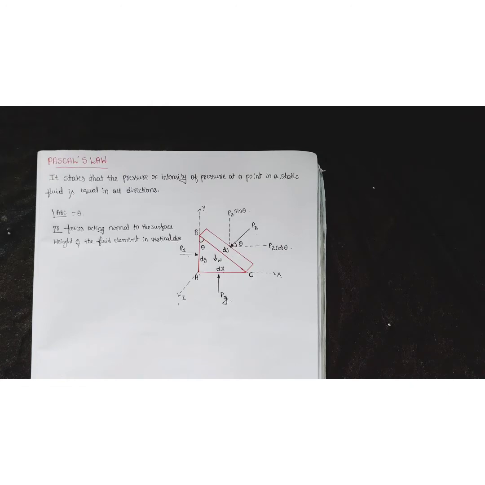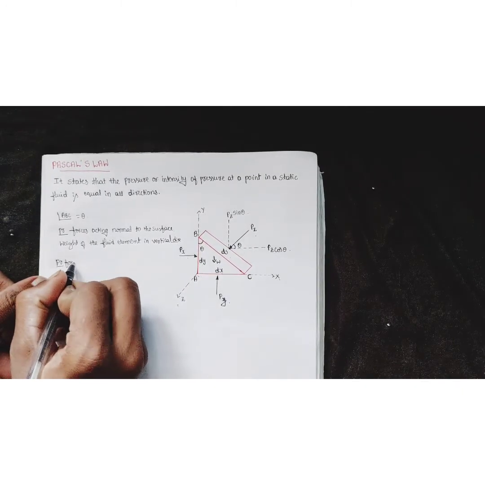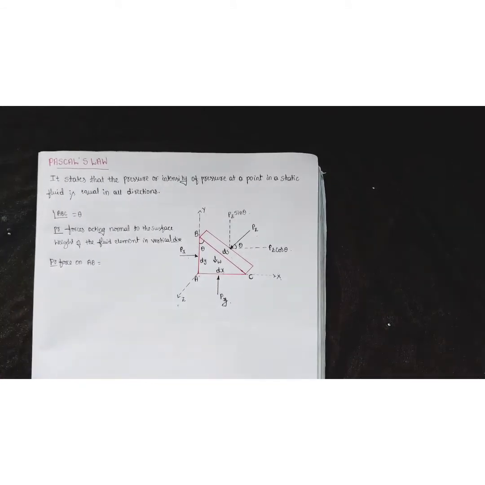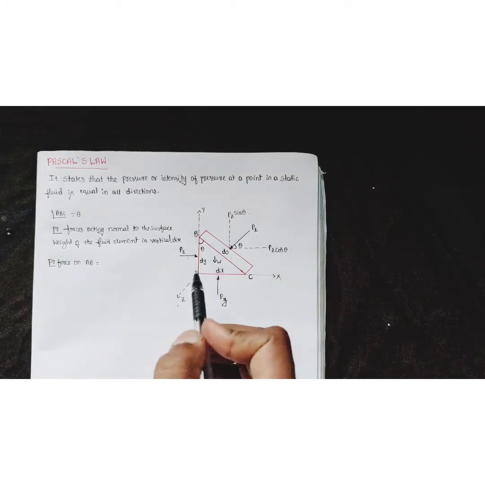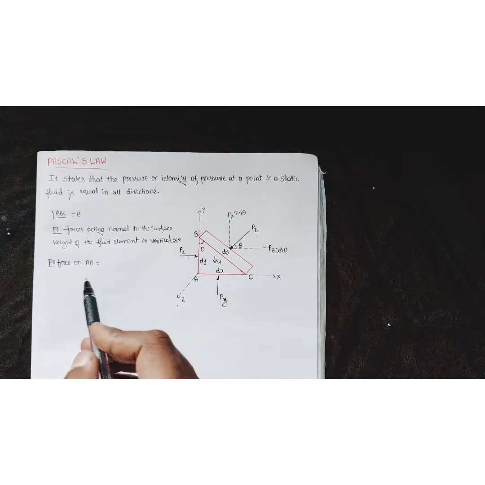So first we'll consider the pressure forces acting on each phase. First, the pressure force on phase AB. On phase AB, what is the intensity of the pressure acting? The intensity of the pressure acting is Px. But here we are calculating pressure force, and there is a lot of difference between pressure and pressure force.